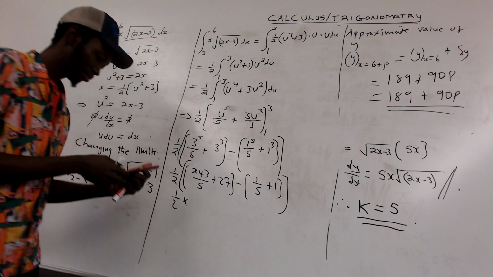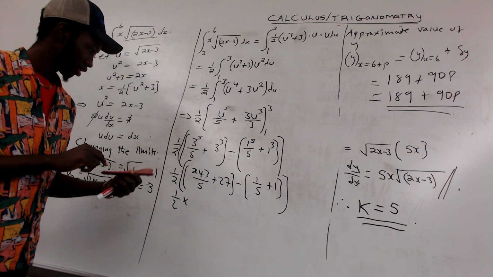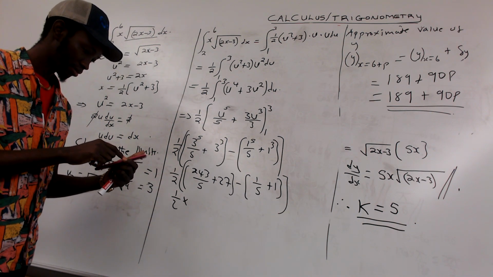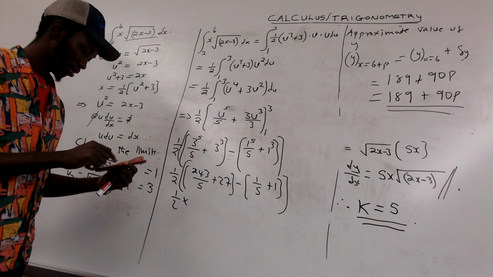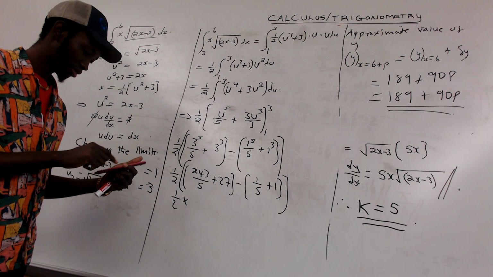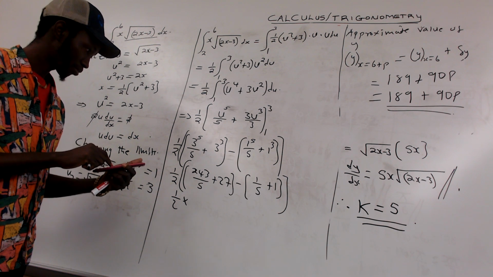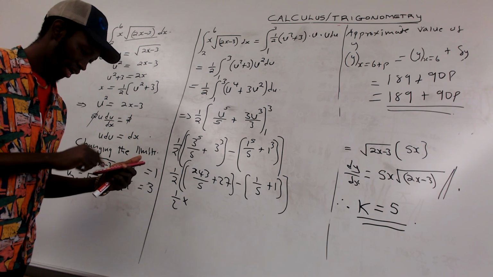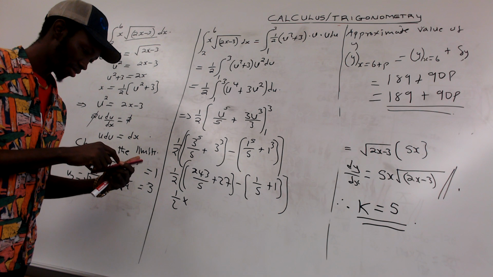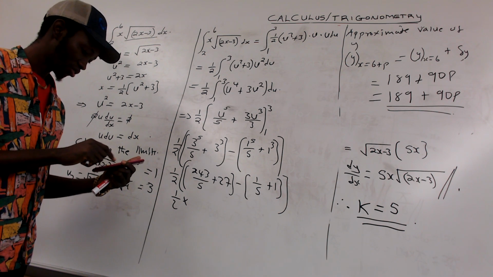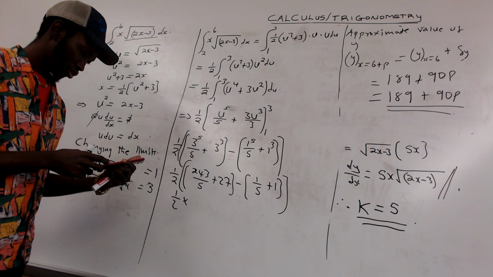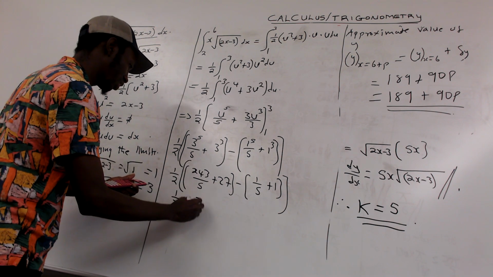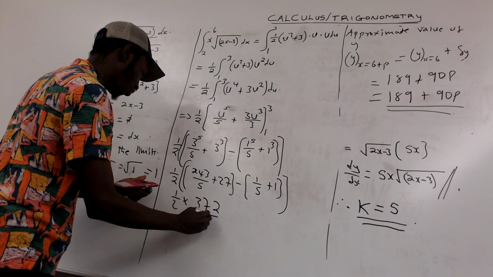These two brackets: bracket open, 243 divided by 5 plus 27, bracket close, minus bracket open, 1 divided by 5 plus 1, bracket close. So we have everything of this as 372 all over 5.